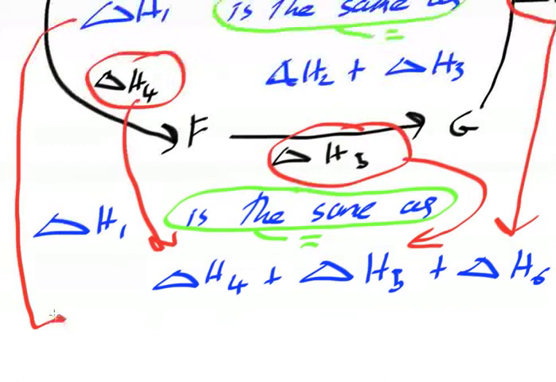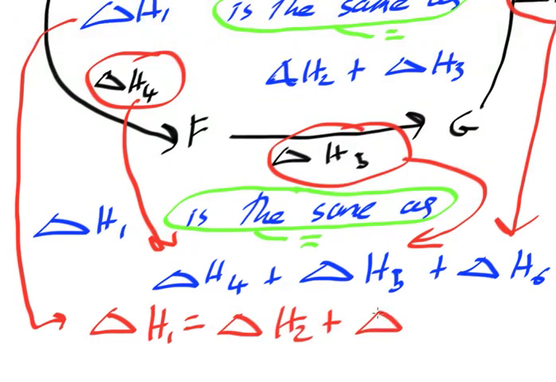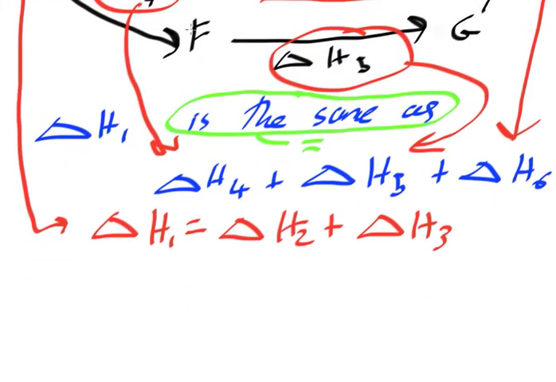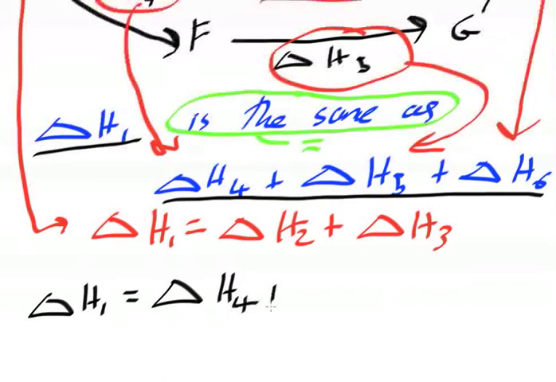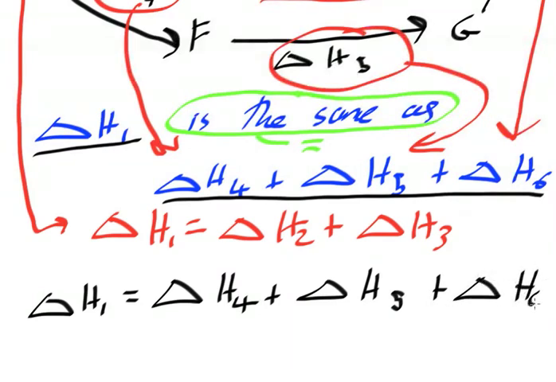From this one here, I've got delta H1 is equal to delta H2 plus delta H3. So that's just that and that. And the last one we did, I'll underline in black, is equal to these three here. So delta H1 equals delta H4 plus delta H5 plus delta H6.